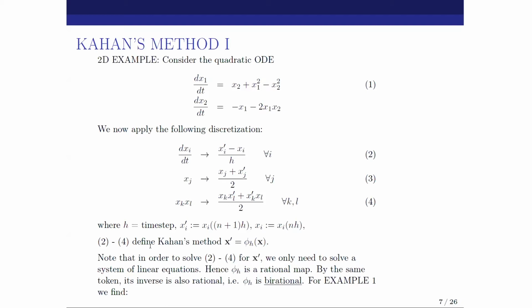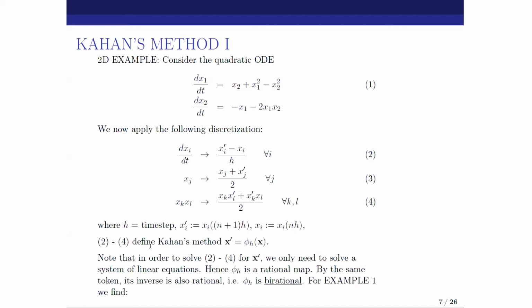So we have to solve a linear set of equations to know what the new point is in terms of the old point. That is virtually the same as being explicit, and we'll write down the explicit formula.